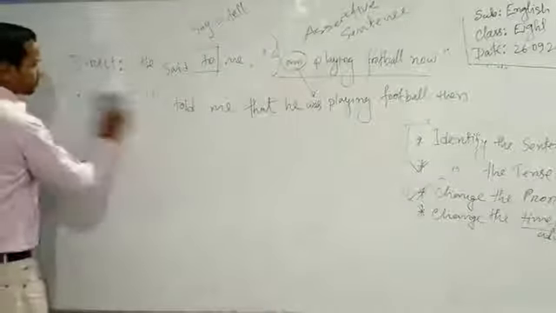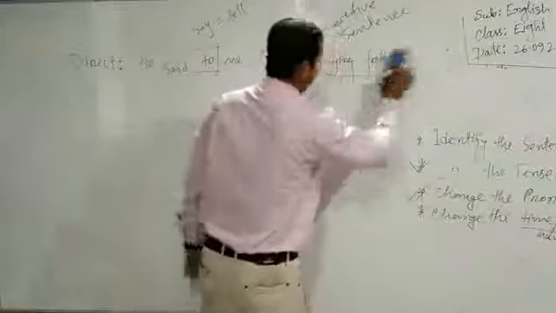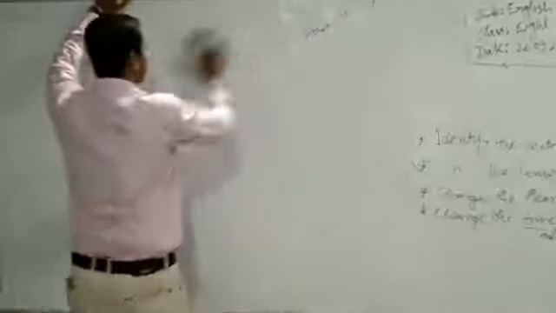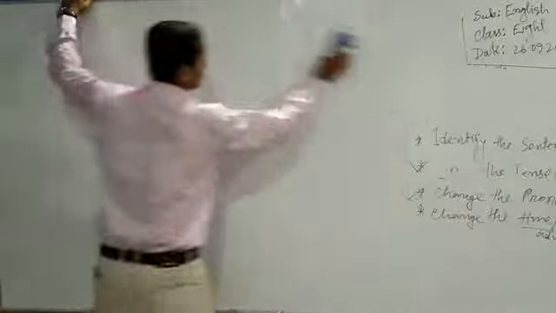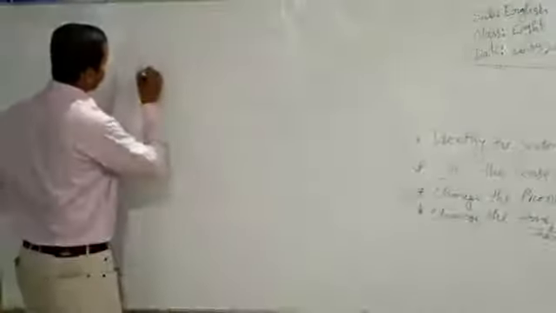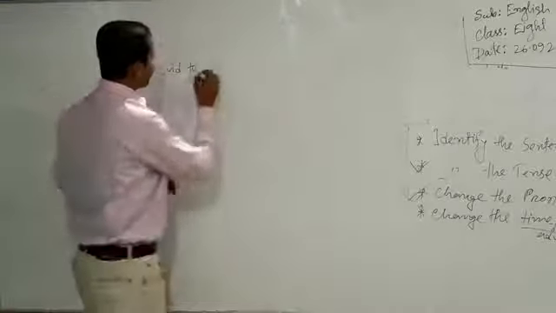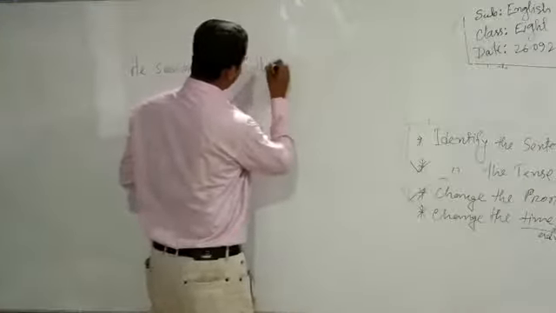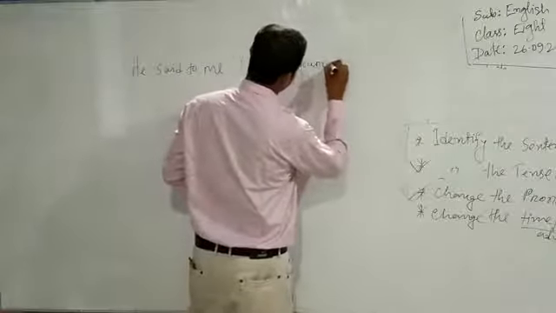Okay, this is the simple rule for assertive sentences. Go for the next sentence, that means assertive, imperative, interrogative, exclamatory or optative. Okay, so the difficult one is like that: he said to me, what's your name?